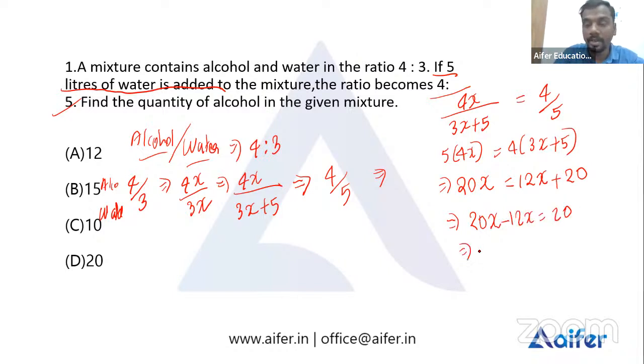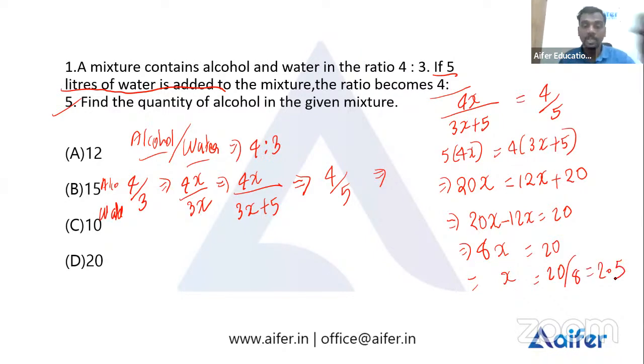We have 8x is equal to 20, so x is equal to 20 by 8, that is 2.5. So 2.5 is the value of x.